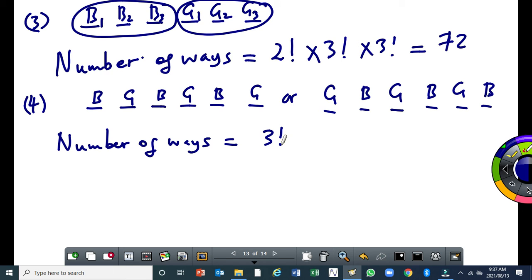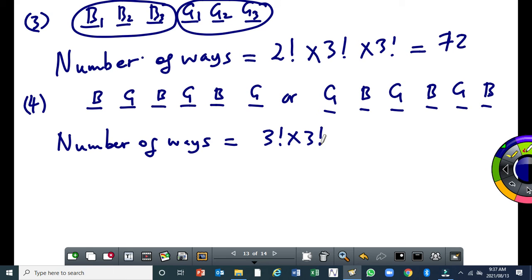By 3 factorial, we are saying these boys can swap around among themselves. You agree with me? And the girls can also swap around. So it will be 3 factorial times 3 factorial. So they can swap among themselves.